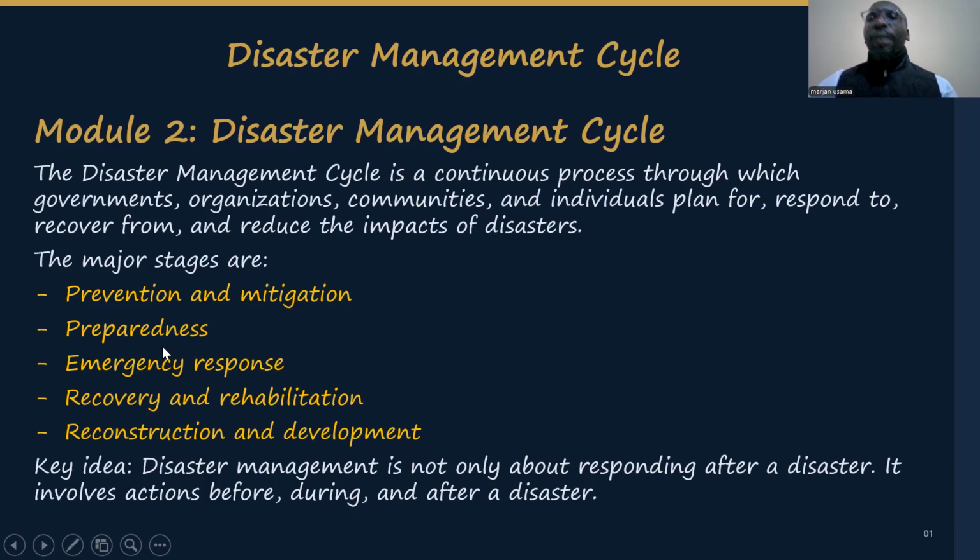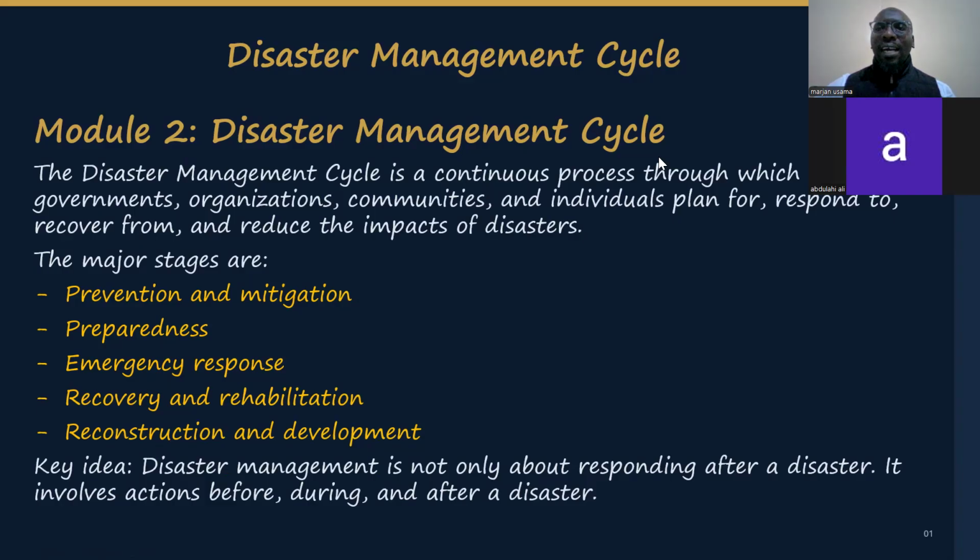Number two, we have preparedness. Three, emergency response. Four, recovery and rehabilitation. Five, reconstruction and development. So these are the key stages of the disaster management cycle.